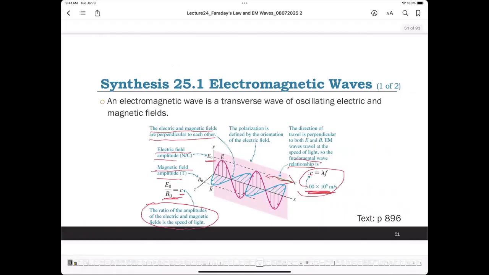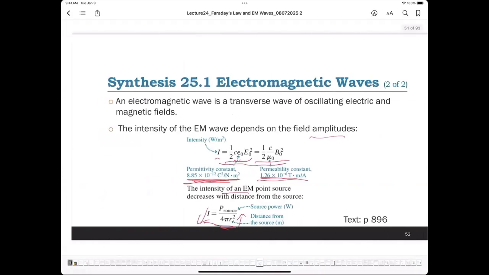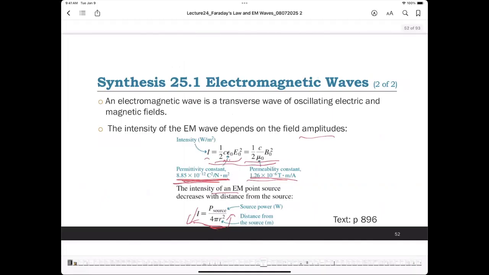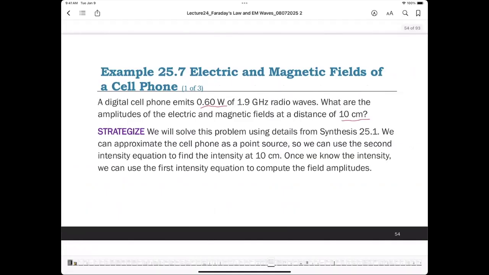You have this equation, this one, and this one, and using those equations you can solve this problem. We can approximate the cell phone as a point source, so we can use the second intensity equation to find the intensity at 10 centimeters.